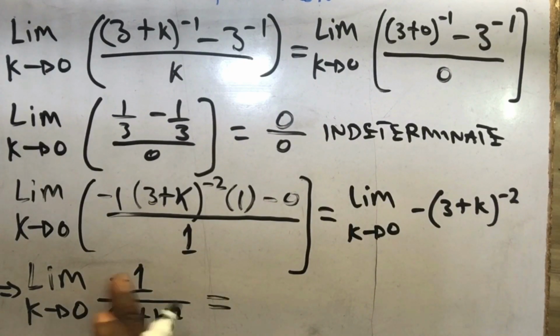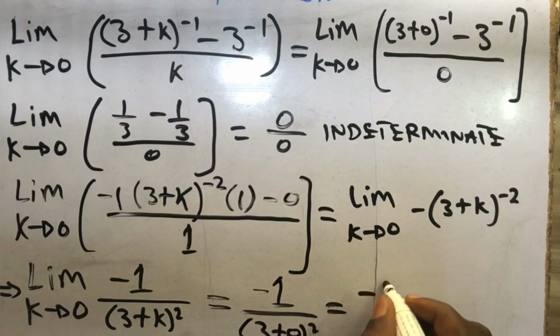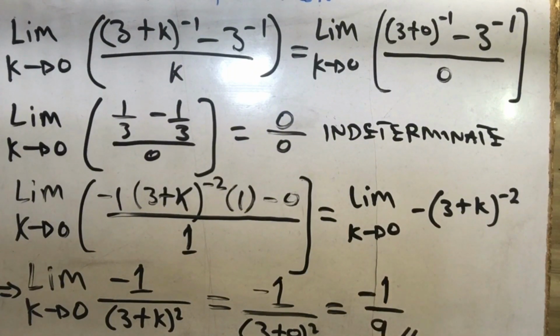Then we substitute 0 into the equation, which gives us minus 1 over 3 plus 0 all squared, and that gives us minus 1 over 9, and that is our answer.